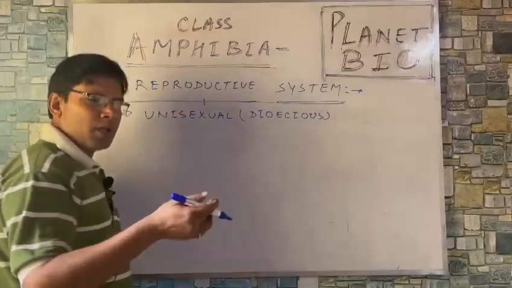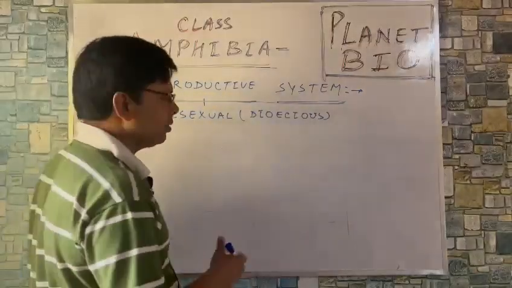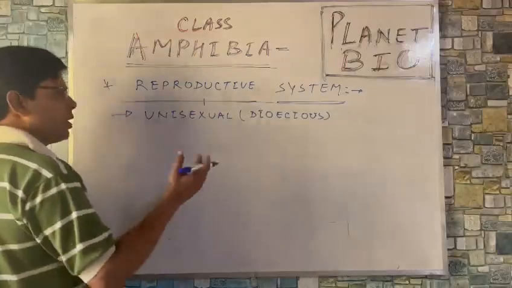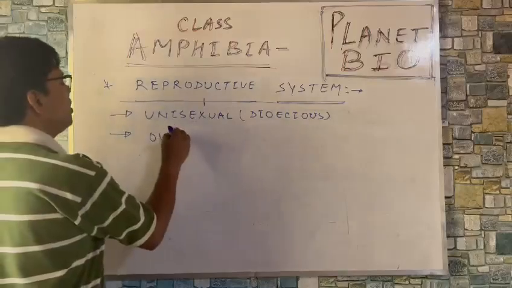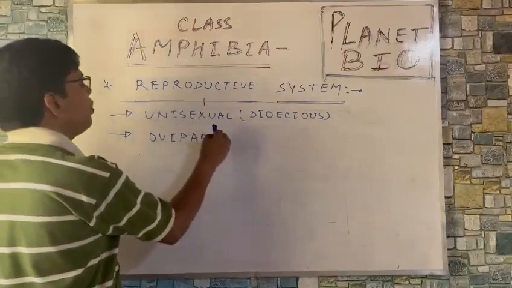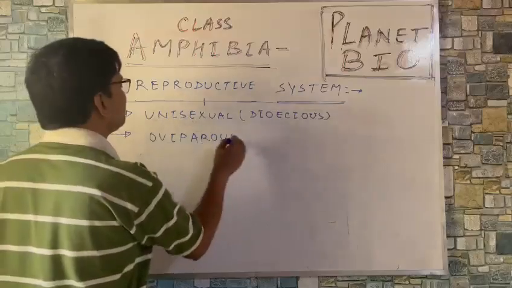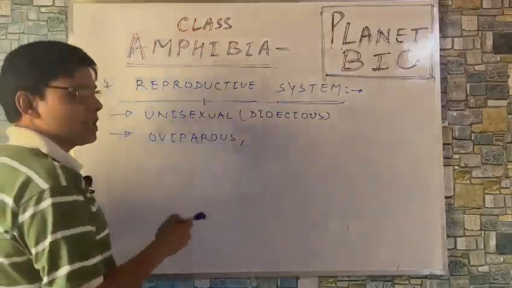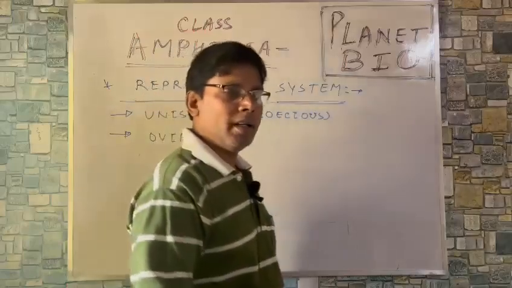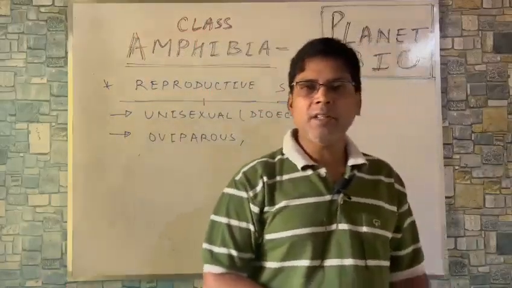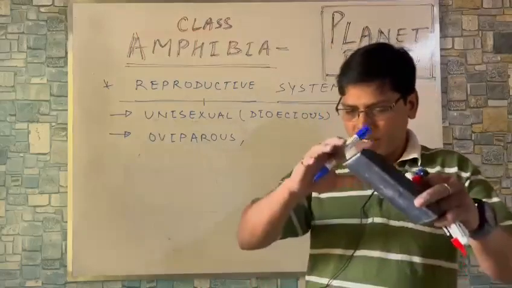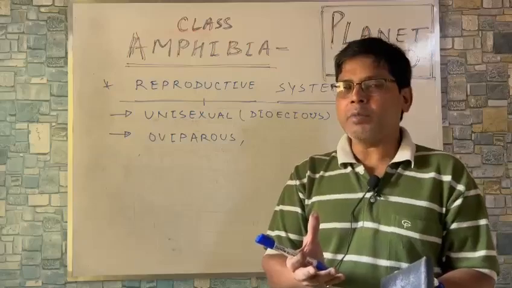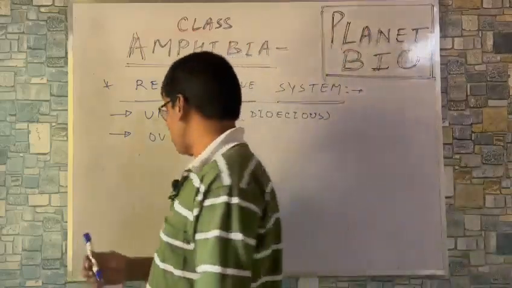There are certain exceptional cases, European salamander, that shows internal fertilization, but as per NCERT, fertilization is external. They are mostly oviparous, egg-laying. For example, a female frog can lay 2,500 to 3,000 unfertilized eggs at a time in a jelly-like mass that is called spawn.